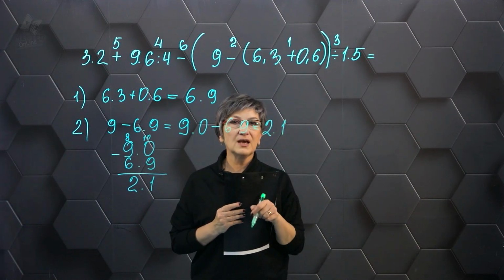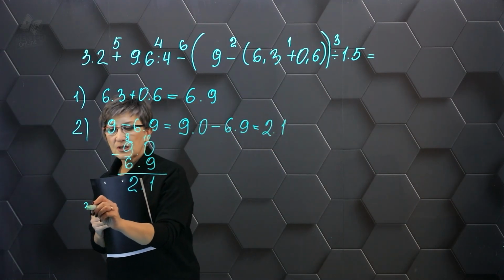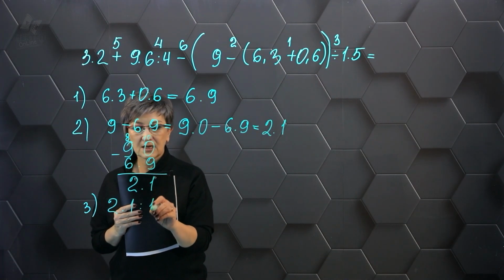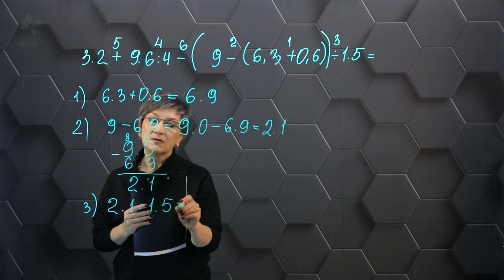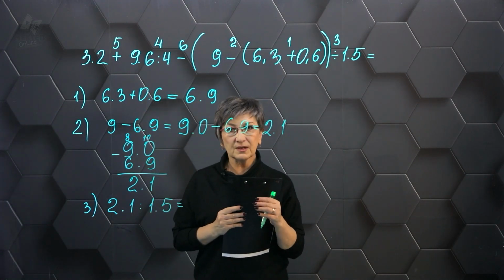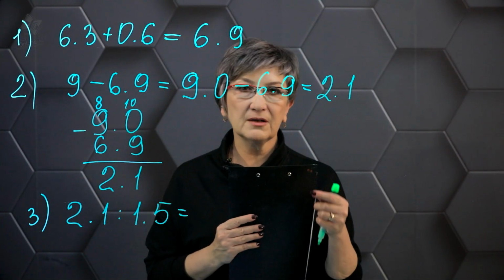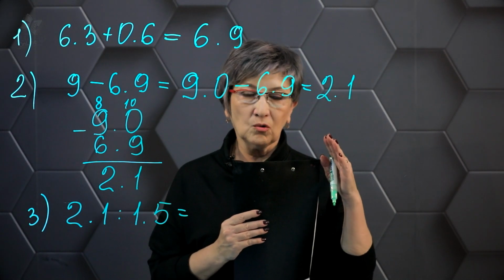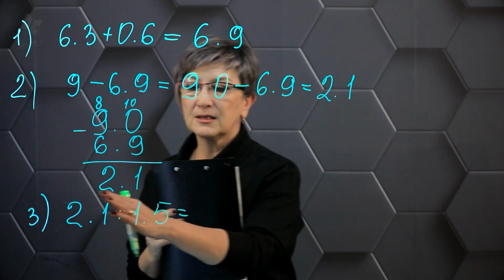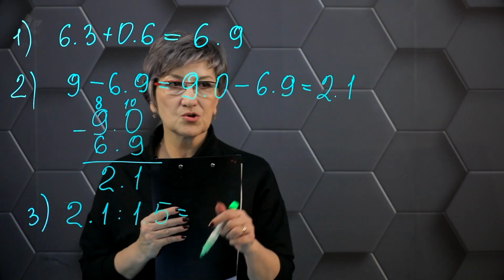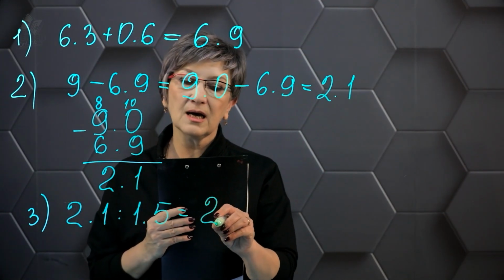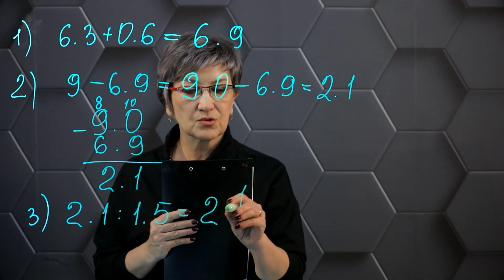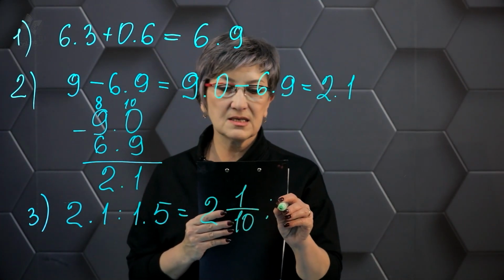The next action is division. So I have to divide 2.1 by 1.5. In this case, you can do the division by converting it to an ordinary fraction, or you can do a column division. We know how to divide in columns.